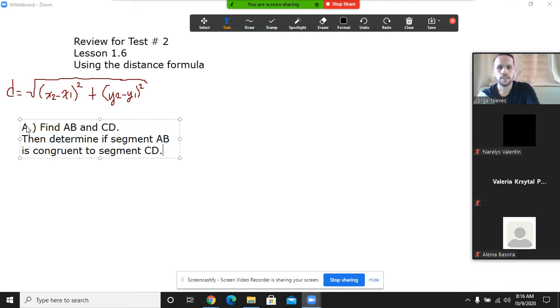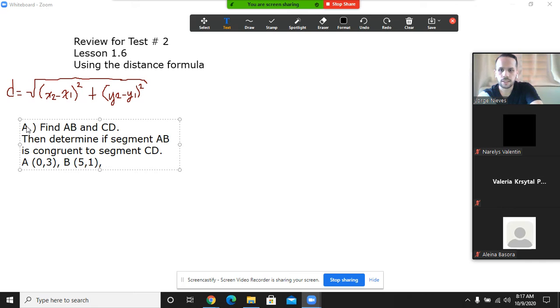So the coordinates that we have are the following: A has coordinates of 0 and 3. B has coordinates of 5 and 1. You're gonna have this on your test like this.